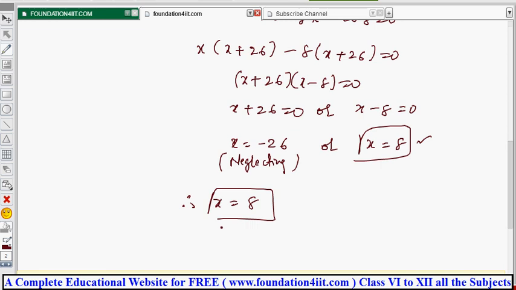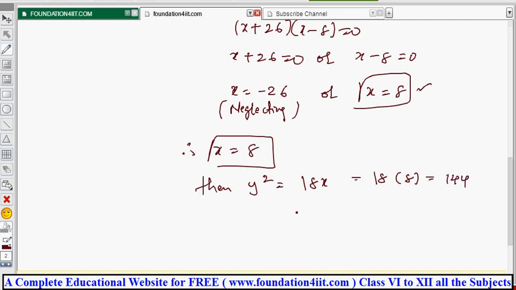If x is equal to 8, then y square is 18x, according to the second statement. So 18 into 8 is 144. Right? If y square is 144, then y is equal to plus or minus 12, but minus 12 should be neglected. So only plus 12.